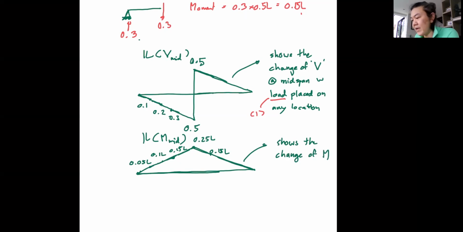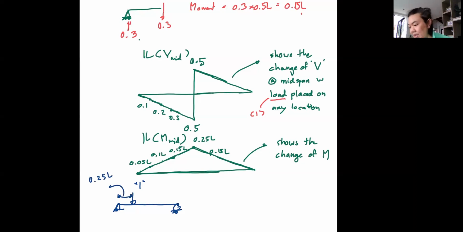So I can say that if I have the beam like this, and I have the unit load at this location, say 0.25 L, what would be the shear at midspan?